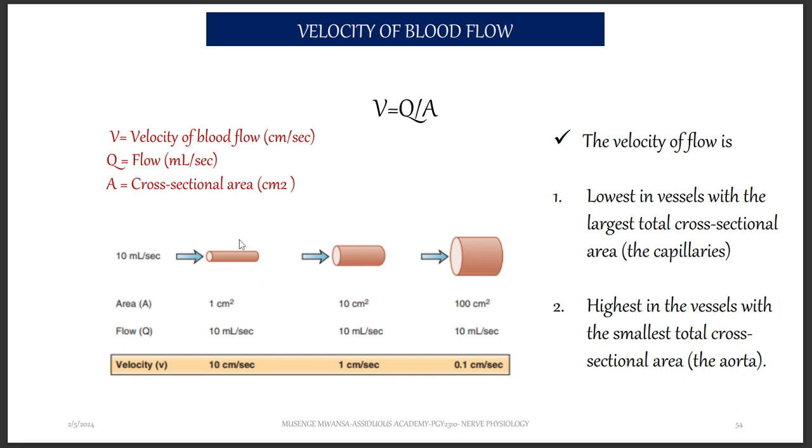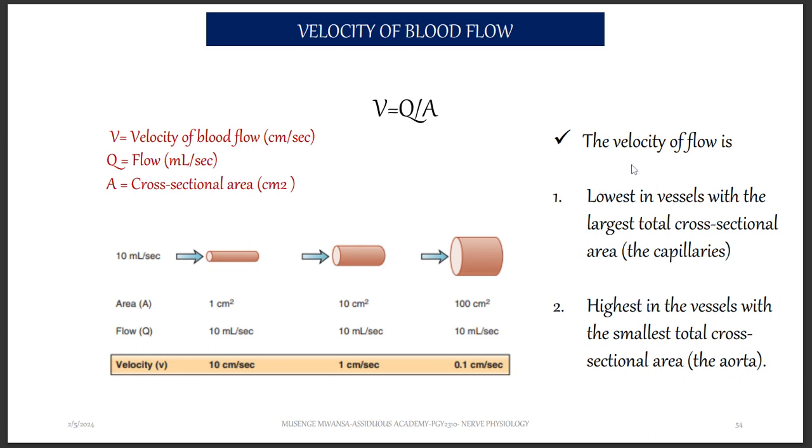For example, if you have the same flow rate, but you just have different areas, what would be the velocity?